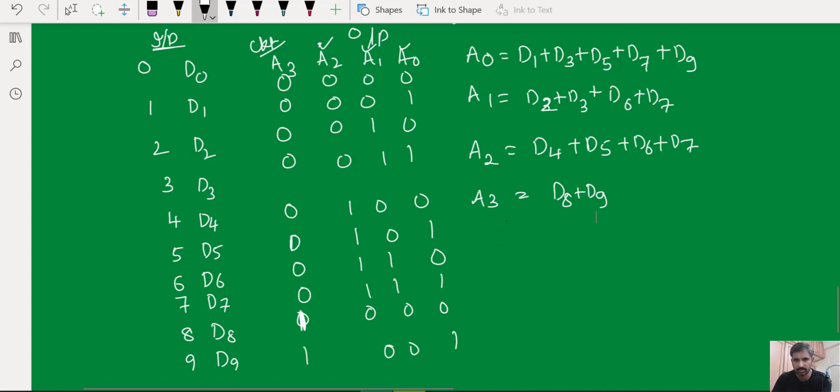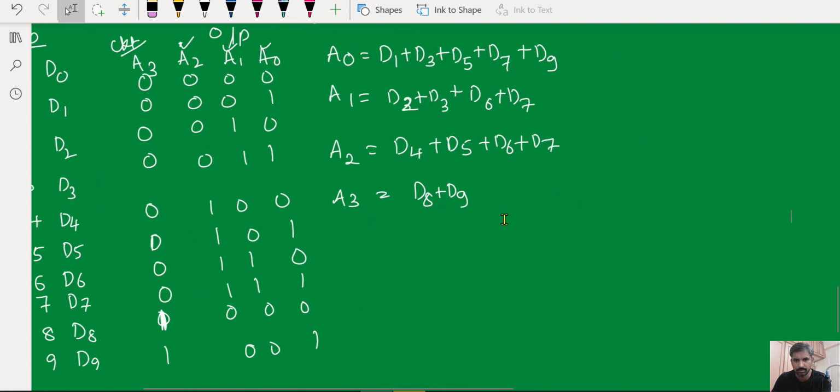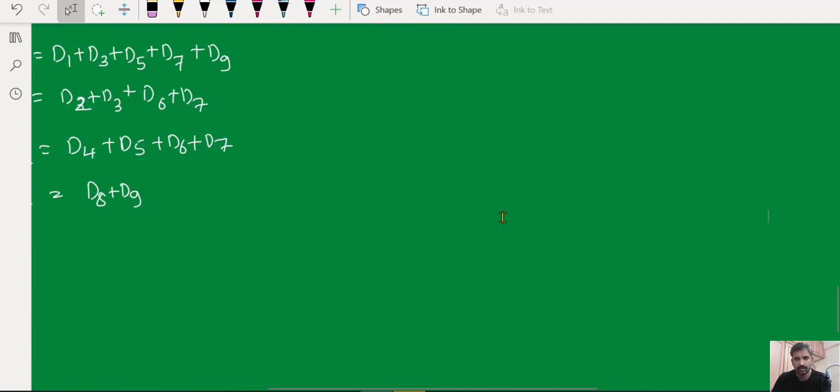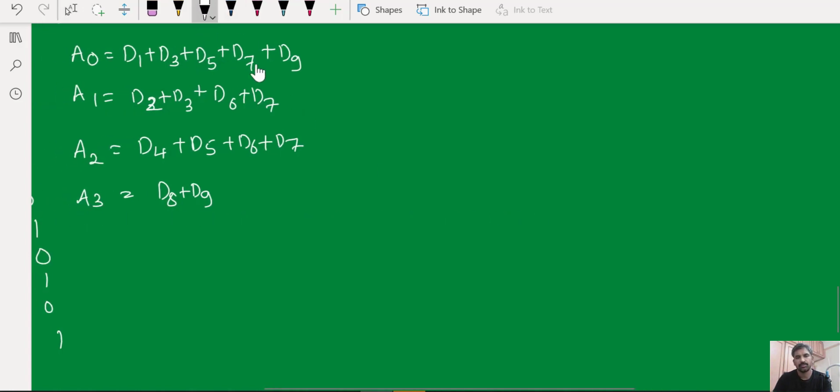Now I'm going to construct my circuit by considering the input and output combinations. So I'm supposed to consider D9, D8, D7, D6, D5, D4, D3, D2, D1 and D0.